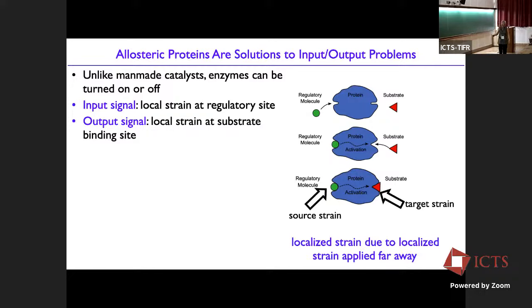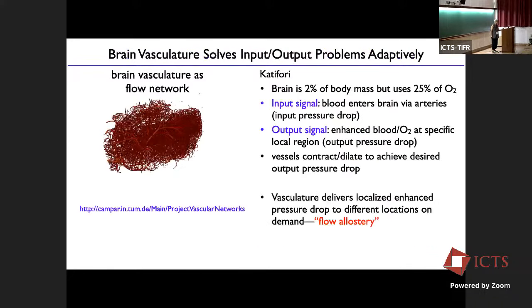Or one part of a network, and I want a desired strain somewhere else. Okay, so that it can be that kind of localized response to a localized strain. Okay, or it can be, in the case of the brain vasculature, a localized pressure drop. Okay, in response to a localized pressure drop far away. So we call that flow allostery in analogy to protein allostery.